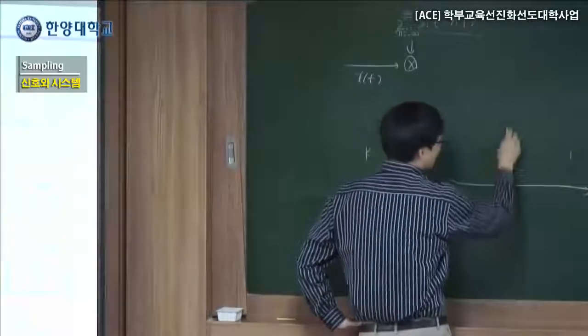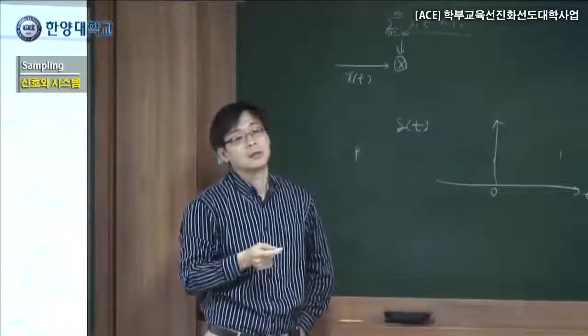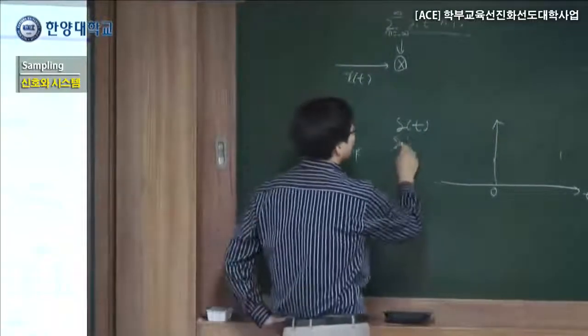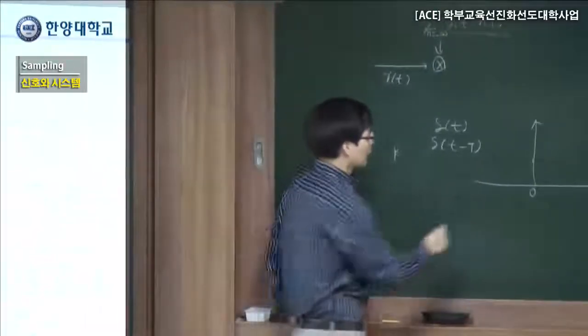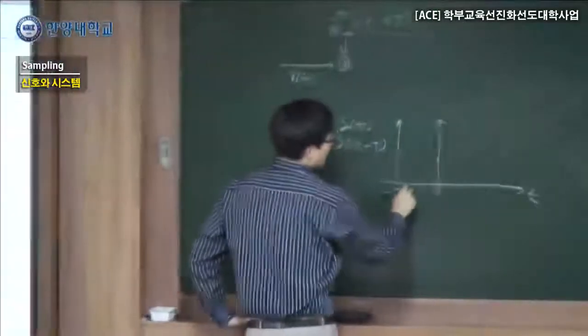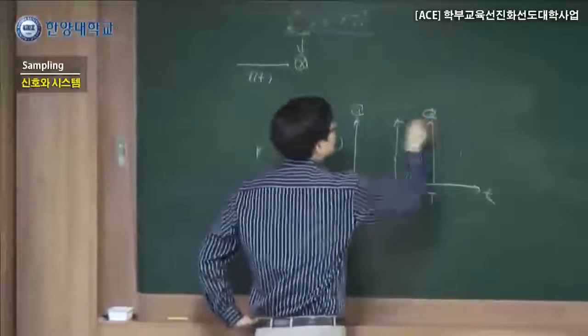In the time domain, we draw when time is 0, there's a delta(t), right? What is delta(t minus T)? Number 1, number 2.